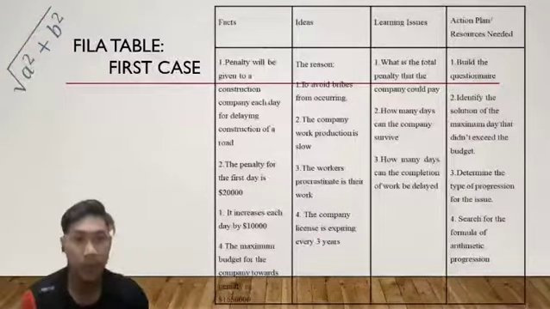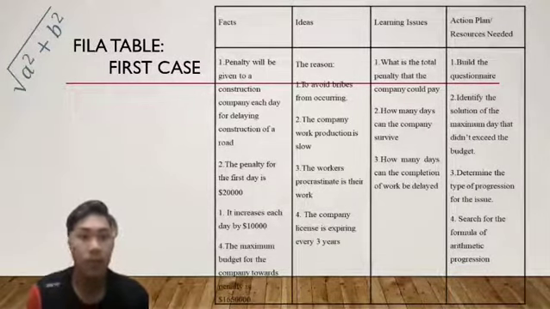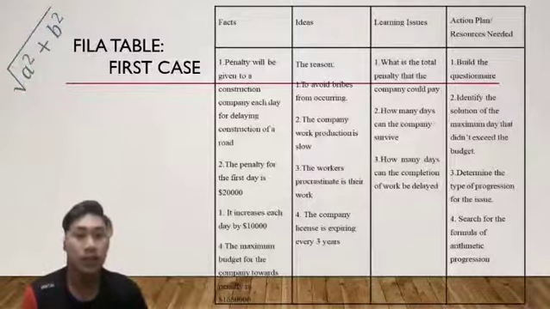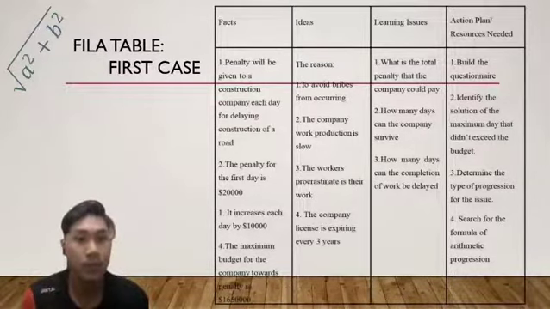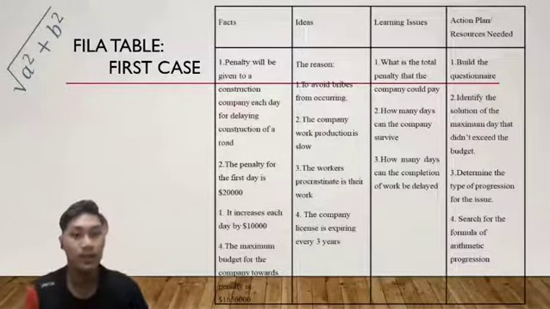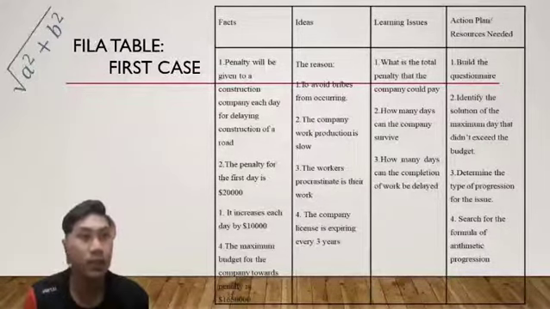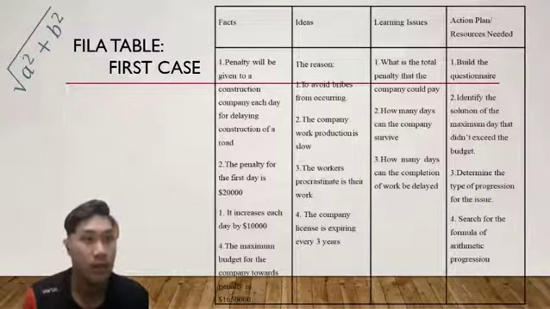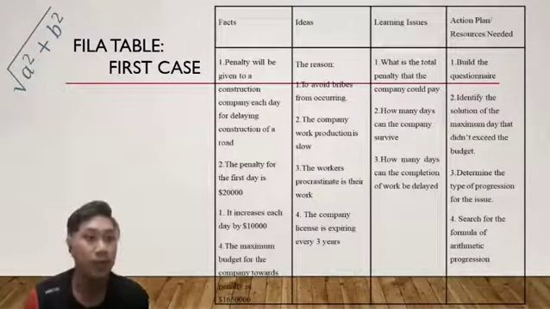Fourth, the maximum budget for the company towards the penalty is 1,650,000. Ideas: the company license expires every 3 years. Action plan: search the formula of arithmetic progression.